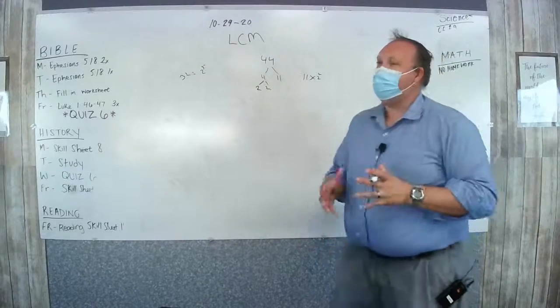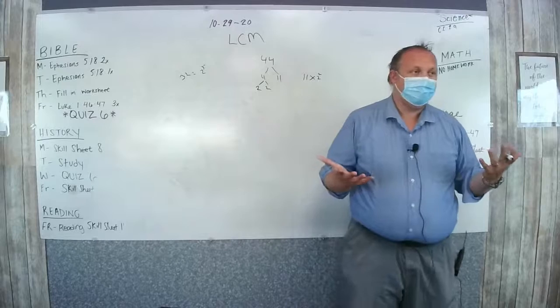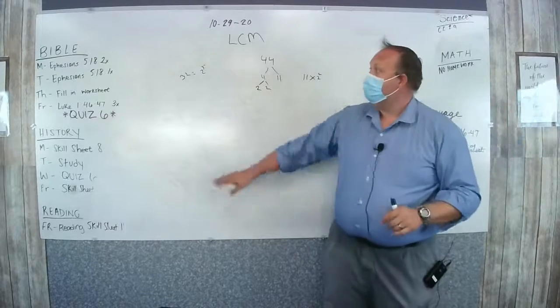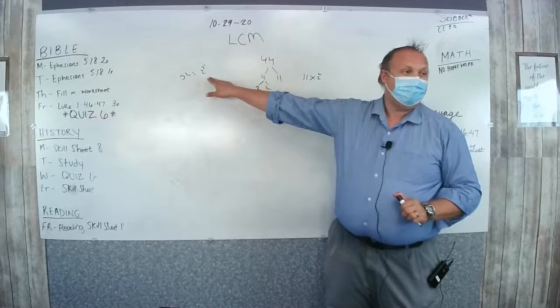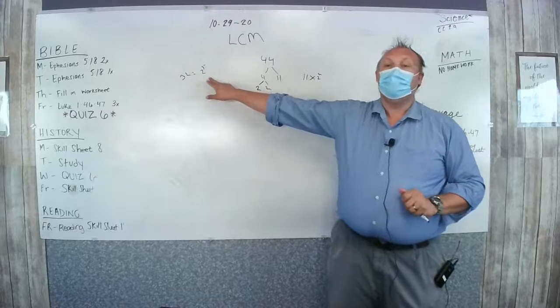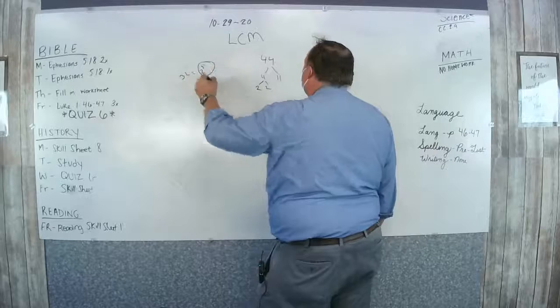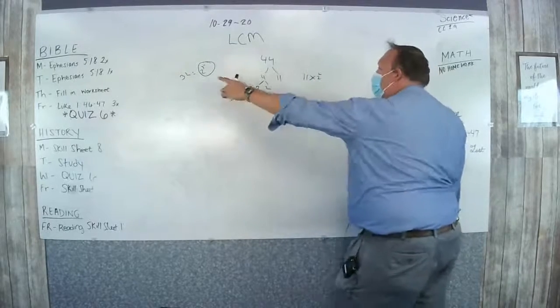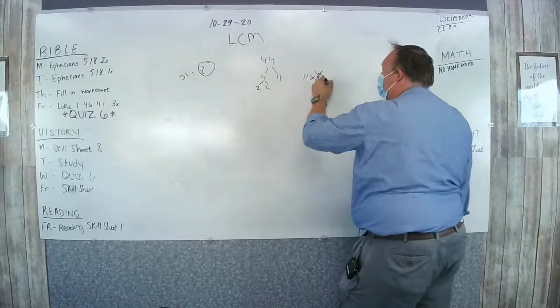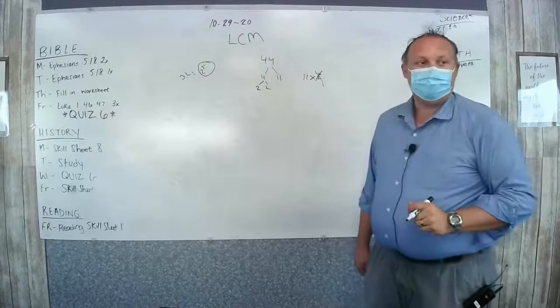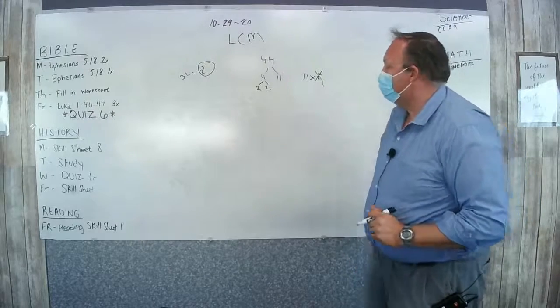So, what number is used the most? 2. It's used 5 times right here, right? Okay? So what we're going to do is make sure that we use this. Because we're using 2 to the 5th right here, we do not need these. Okay? And then we're going to use the 11.